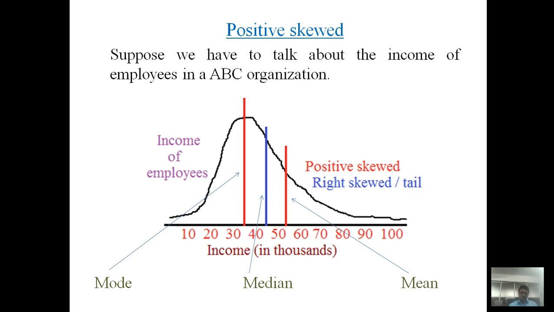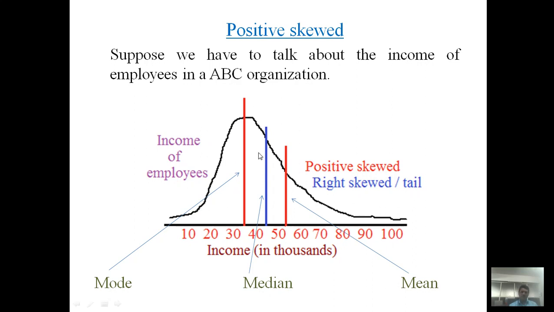There are very few people as compared to this who get say 45,000 salary. Again there are fewer people who get roughly around 53,000 salary, and so on. In this manner, there are just a few employees, among say 2, 3 or 5, who get 100,000, that is 1 lakh salary per month.